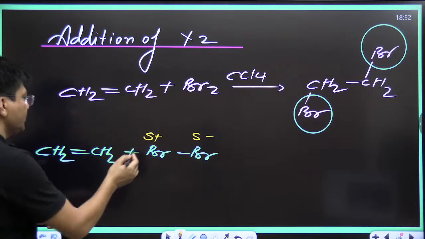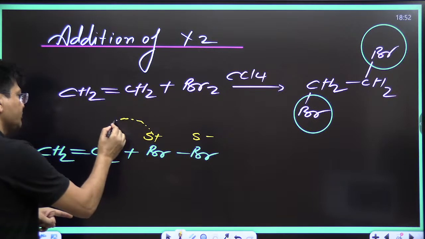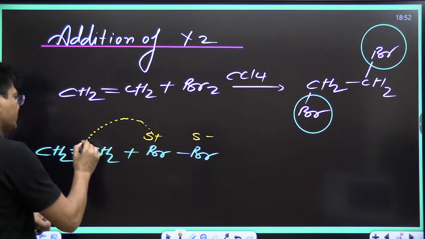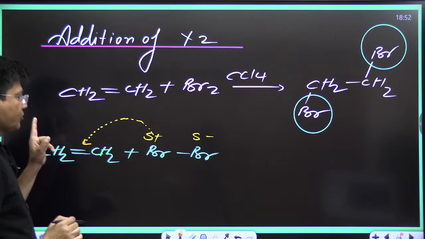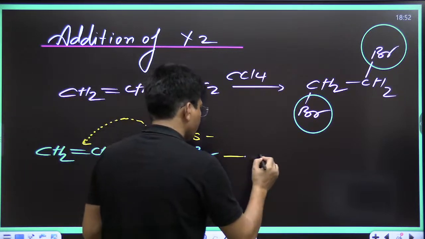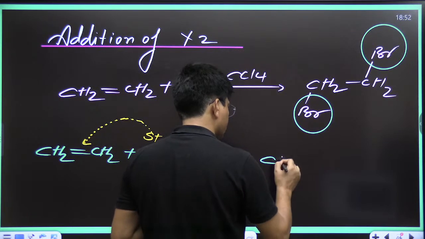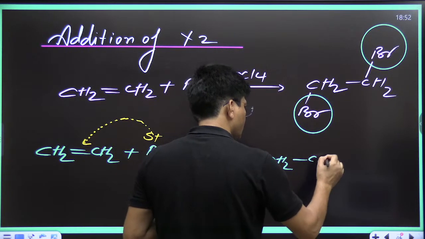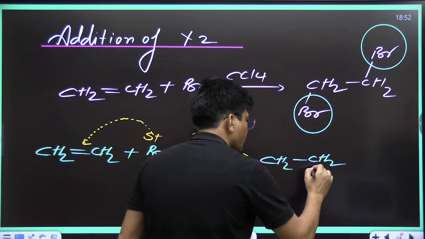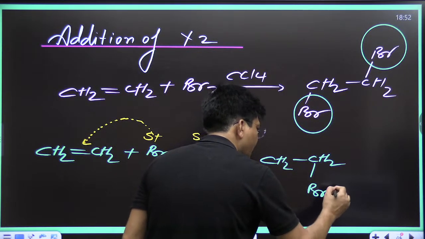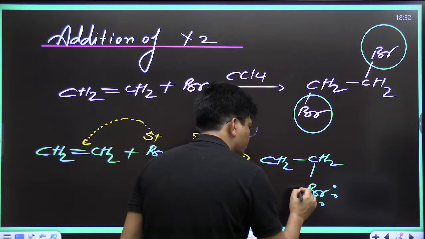So charge is induced, and this Br is going to attack this pi electron, and you will get a compound like this, CH2Br, and Br has a lone pair, just see to it.